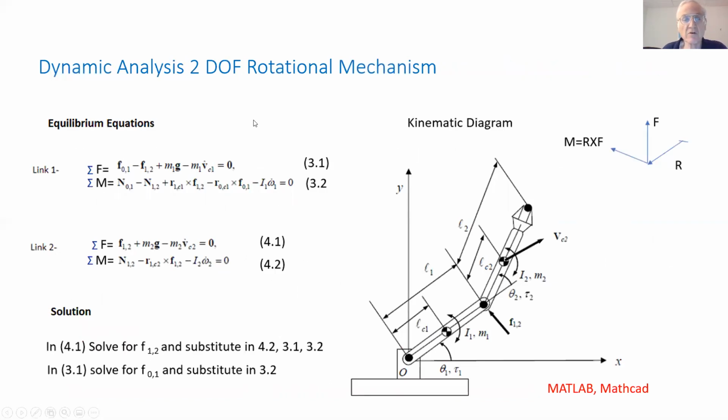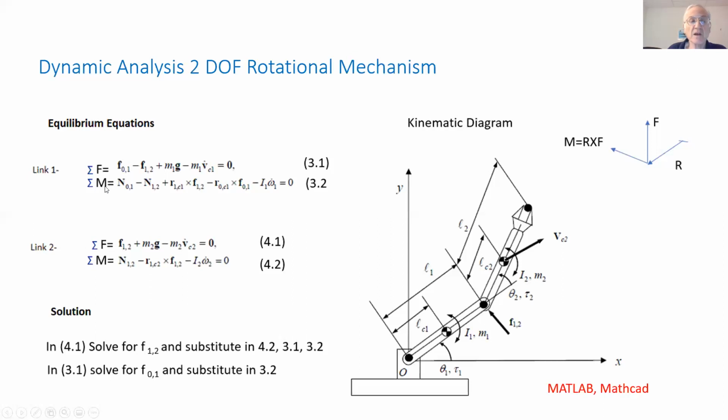Here's an example of a dynamic model in a rotational mechanism. We have here 2 robot links, and the equilibrium equations on the first link equal the various forces that act at the joints, including the inertial force, which is minus the mass times the acceleration of the first link.